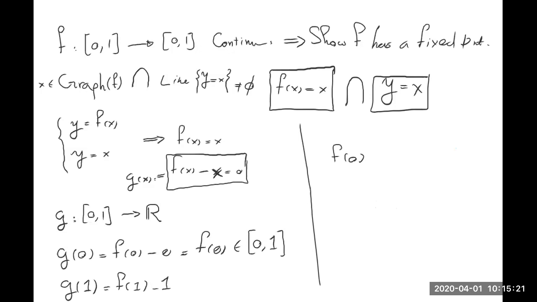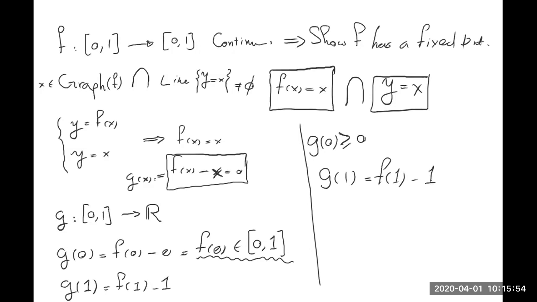Okay. So f of 0 is in this interval 0 to 1, so this is non-negative. It's either 0 or it's positive. So g of 0, which is equal to that, is greater or equal than 0. And g of 1, which is f of 1 minus 1. What about this one?